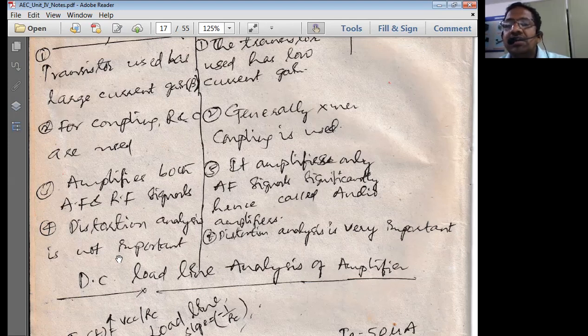So there is no question of any distortion in voltage amplifiers. But when it comes to the power amplifiers, distortion analysis is a very important aspect.